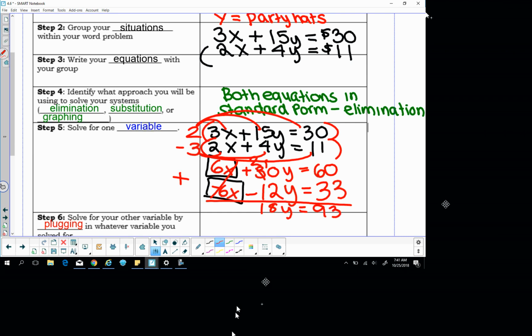What did I do wrong? It's negative 33. So I was correct. What's 60 plus negative 33? 27. Then, how do I get y by itself? Divide by 18.